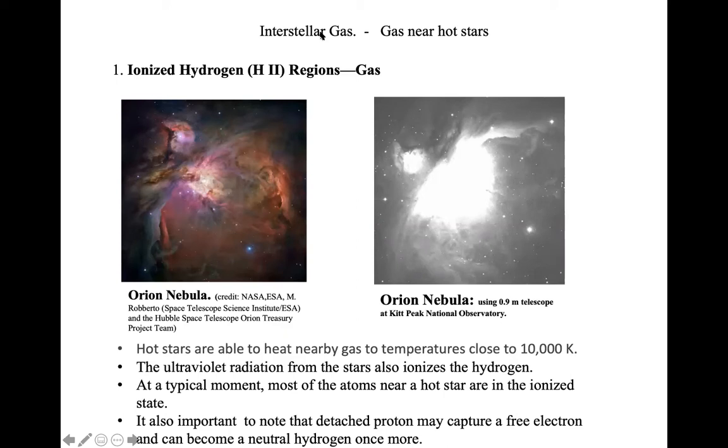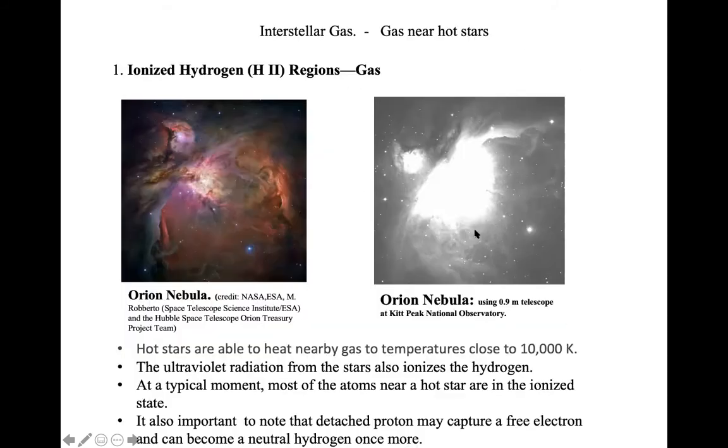At a typical moment, most of the atoms near these hot stars are in the ionized state, because the hot stars emit ultraviolet radiation that ionizes the surrounding gas. It is also important to note that the detached protons may capture free electrons and become neutral hydrogen once more.